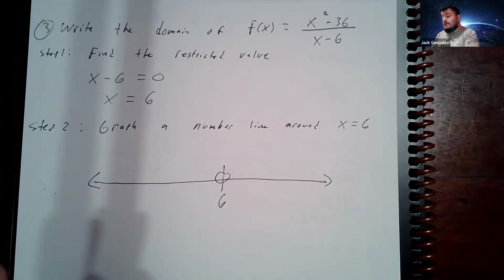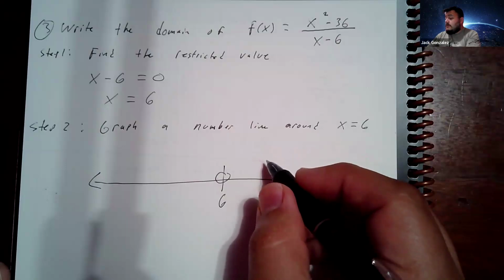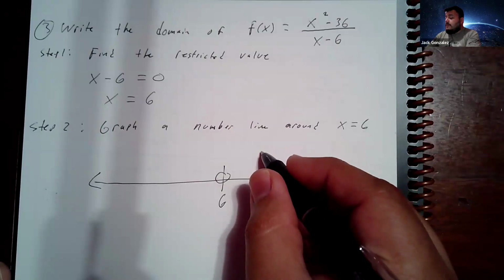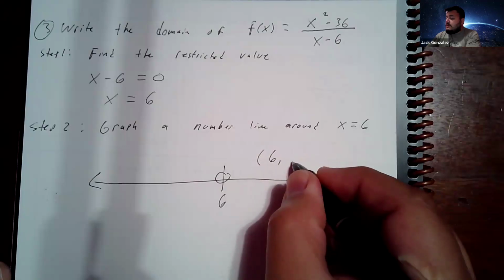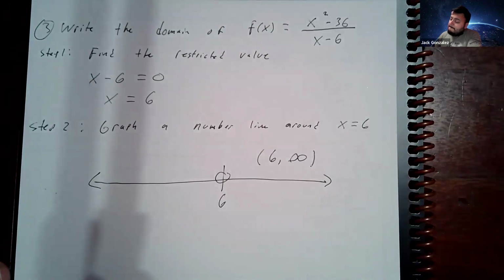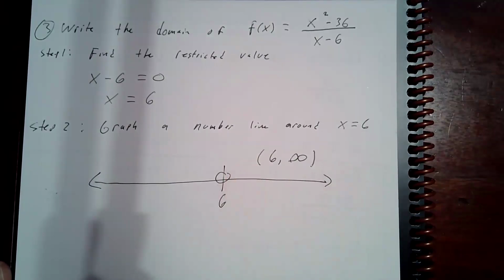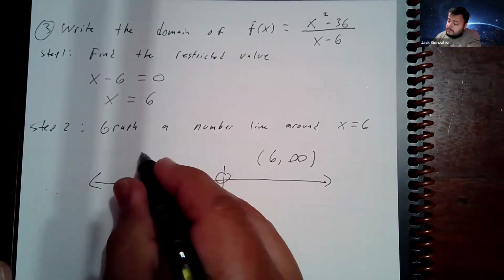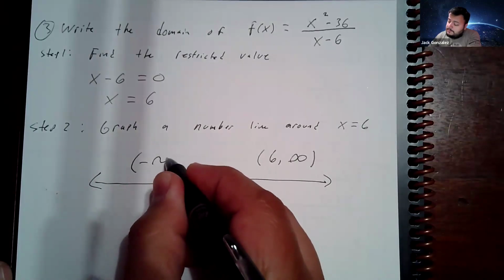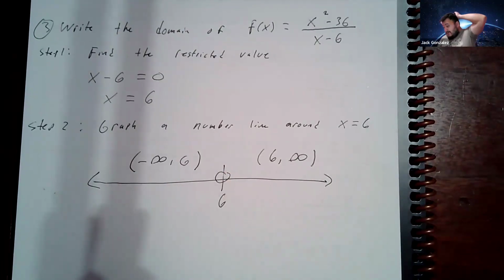So to find the domain, basically say everything after 6, right? So this will be parentheses 6 to infinity, everything on the right side. Y'all agree? And then everything below would be this. Because we only have one restriction, so everything else is fine.